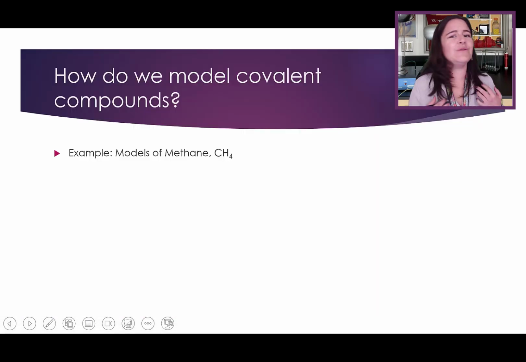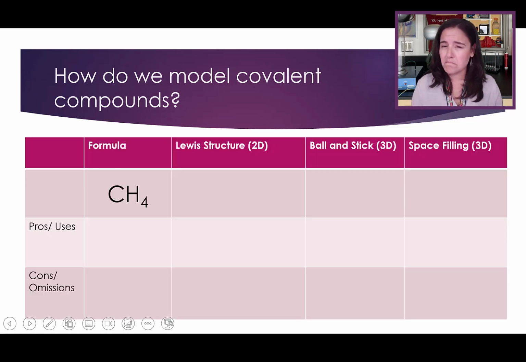So how do we model covalent compounds? We've already talked about the lattices for ionic compounds, and we've seen covalent compound models before in a lot of our videos. Let's look at methane as an example. We have the chemical formula for methane, CH4, which is a very common way to represent methane if we want to know what atoms make it up.